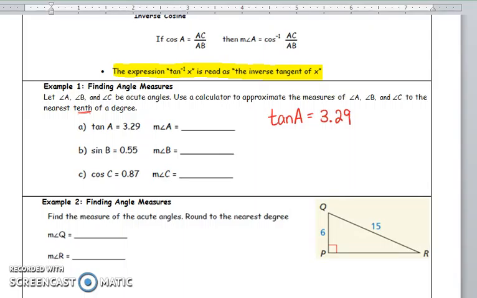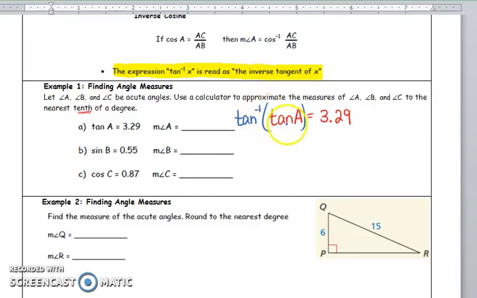Now the whole idea here is that we want to get the measure of angle A, just capital A here, by itself. And right now it's not by itself because it's being taken the tangent of. So just like the inverse of multiplying is dividing and the inverse of adding is subtracting, the inverse of taking the tan is taking the inverse tan.